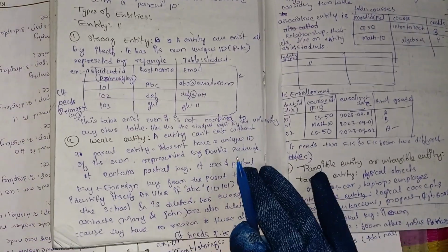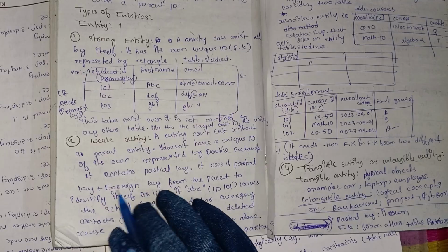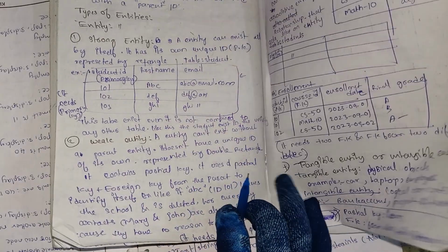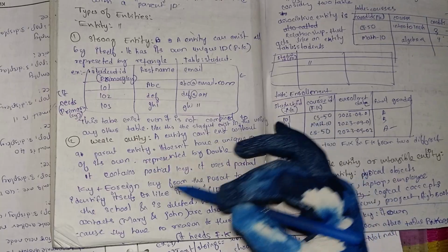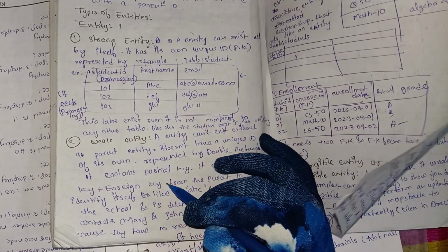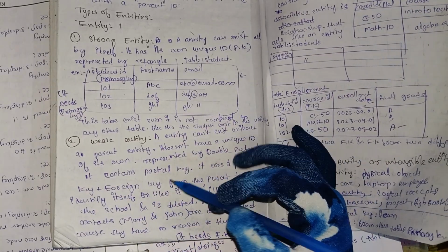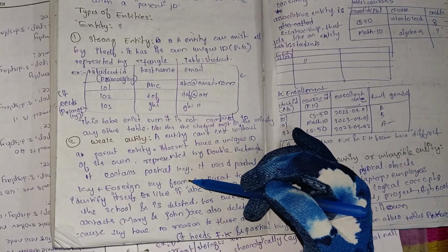And then it uses a partial key plus origin key from the parent to identify itself.